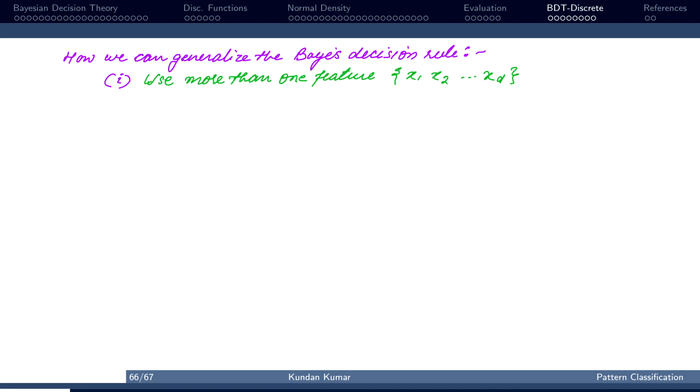So these features can be included to generalize the Bayes decision rule. Here we can use more than two classes. So omega 1, omega 2 and omega c. That means we can have c number of classes.